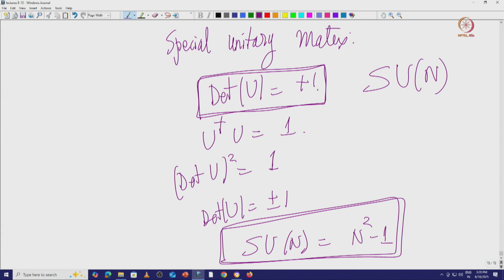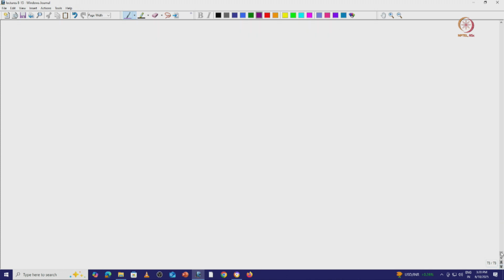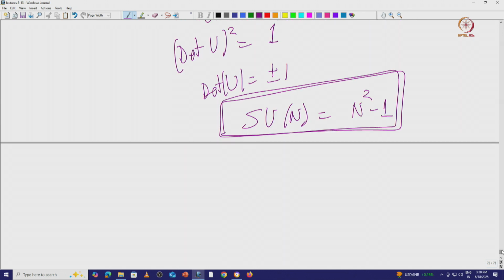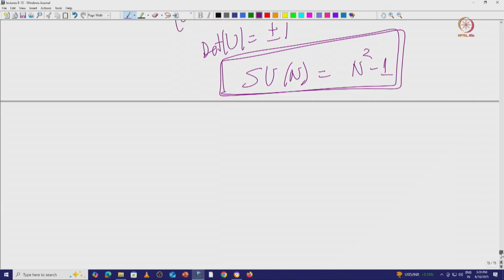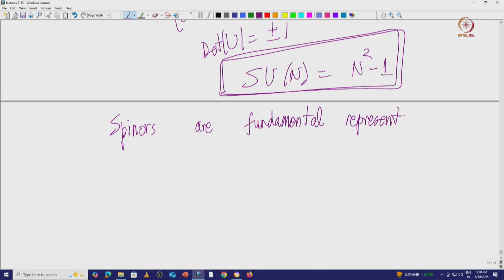Now what is this all to do about? Spinors can be thought of as fundamental representations of SU(N) matrices.